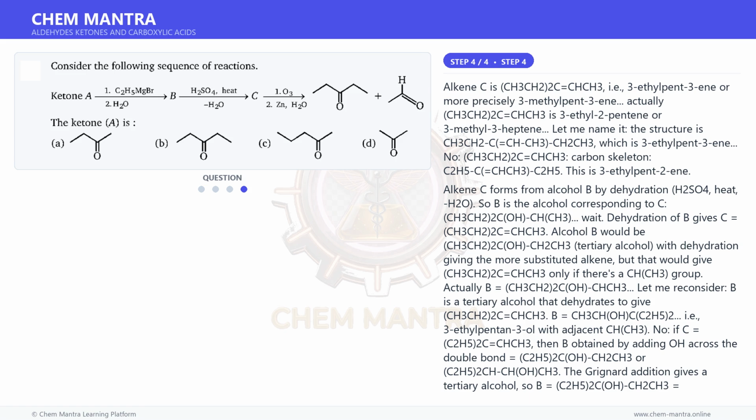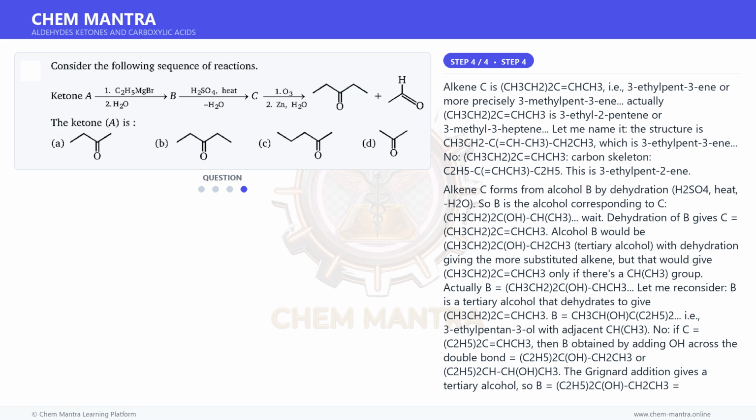And for the final step, alkene C is (CH3CH2)2C=CHCH3, which I first called 3-ethylpent-3-ene, or more precisely 3-methylpent-3-ene. Actually, it is 3-ethyl-2-pentene, or 3-methyl-3-heptene. Let me name it.